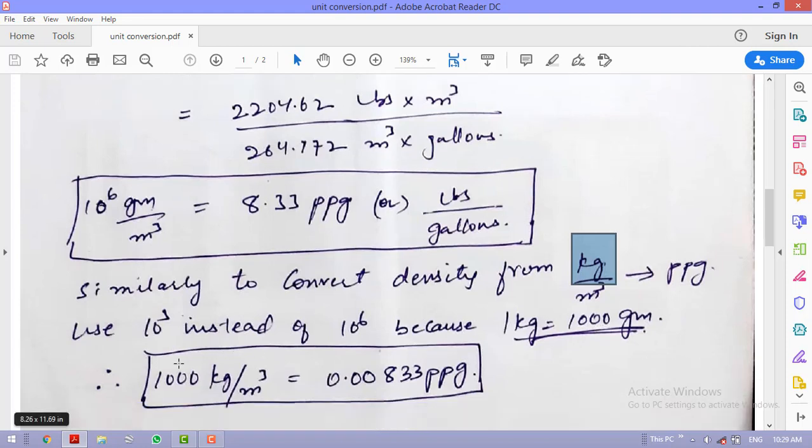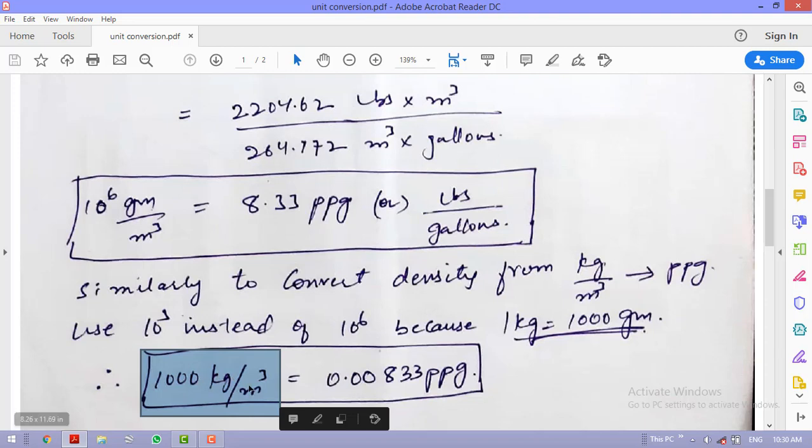So if this 10 power 6 has to be divided by 1000, then obviously this 8.33 also has to be divided by 1000. Over here I wrote 1000 kg per meter cube, but actually it has to be 1 kg per meter cube. So you can say that 1 kg per meter cube is equal to 0.00833 ppg.